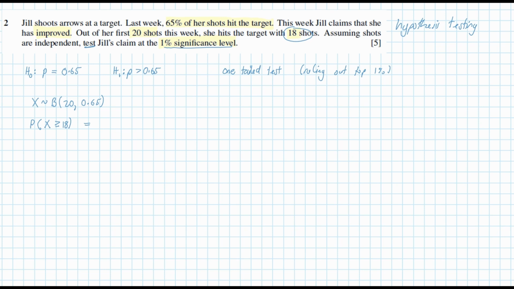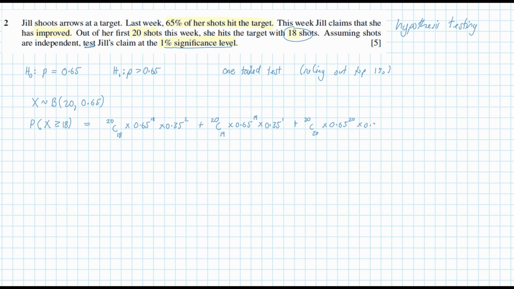And when we do that, we're going to have to do 20 choose 18 times 0.65 to the 18 times 0.35 to the 2, and then plus 20 choose 19 times 0.65 to the 19 times 0.35 to the 1, plus 20 choose 20, which equals 1, so we didn't worry about it, 0.65 to the 20.